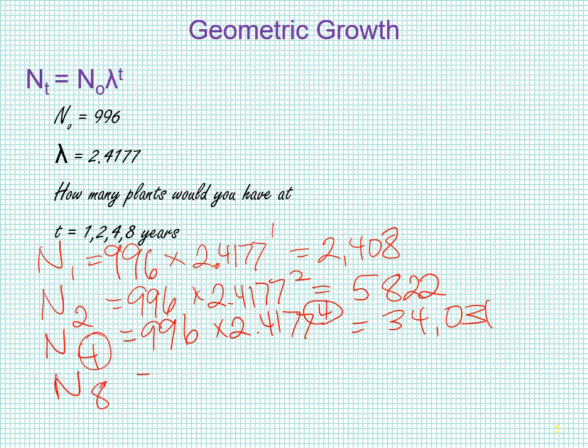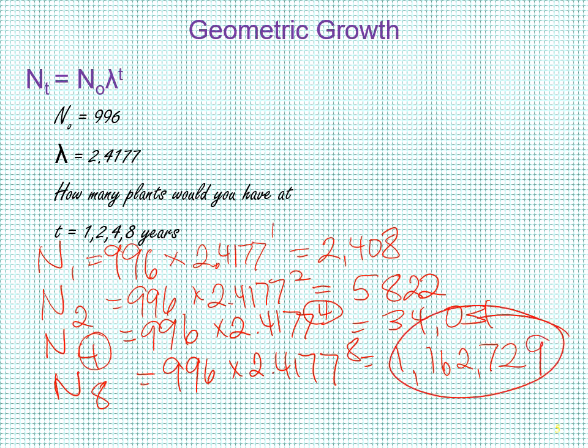And 996 times the growth rate to the power of 8 equals a whopping 1,162,729 plants. Now, bear in mind that maybe there's not going to be enough room for all those plants. Maybe there's other factors that are going to limit this population size, which is certainly what we get into in the next chapter.